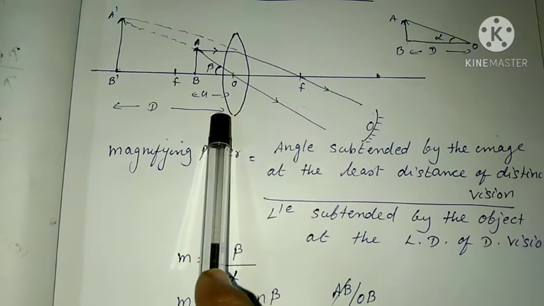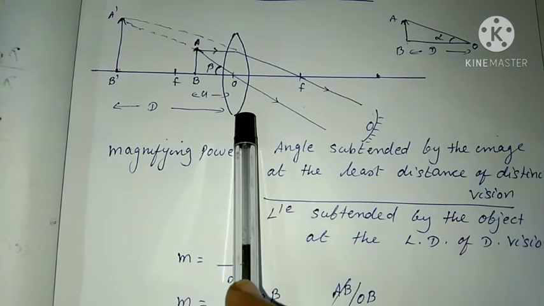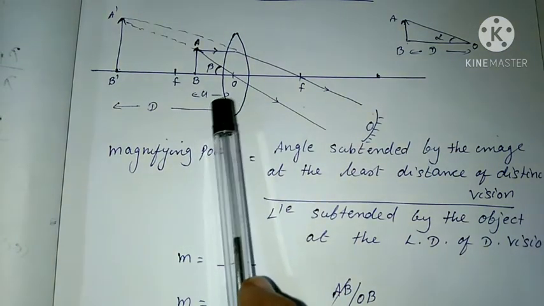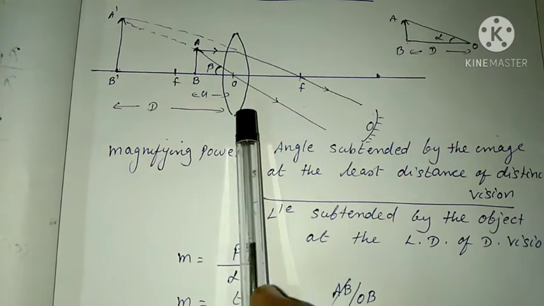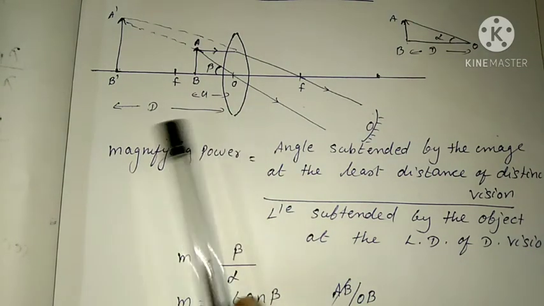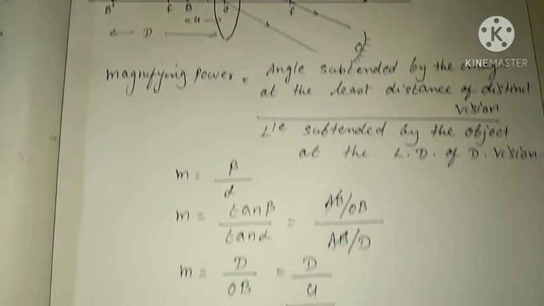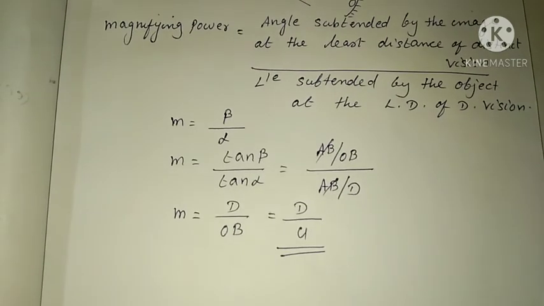So this figure represents the simple microscope when the image is formed at the least distance of distinct vision. So what is the magnification if the image is formed at the least distance of distinct vision, that is the minimum distance that we can see?